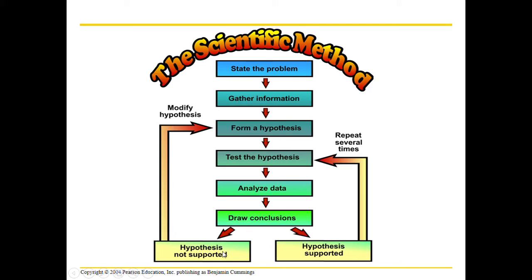If it wasn't supported, then you go back, you modify your hypothesis, you change something about it, and then you retest and reanalyze data and redraw conclusions. If your hypothesis was supported hundreds to thousands of times, then it can become a theory like cell theory and the theory of evolution by natural selection.